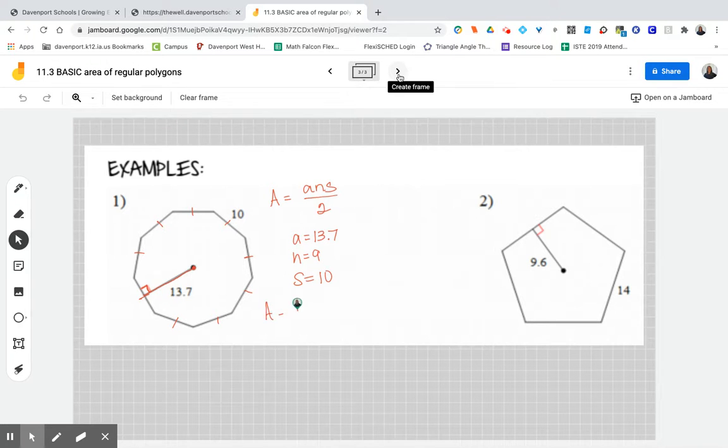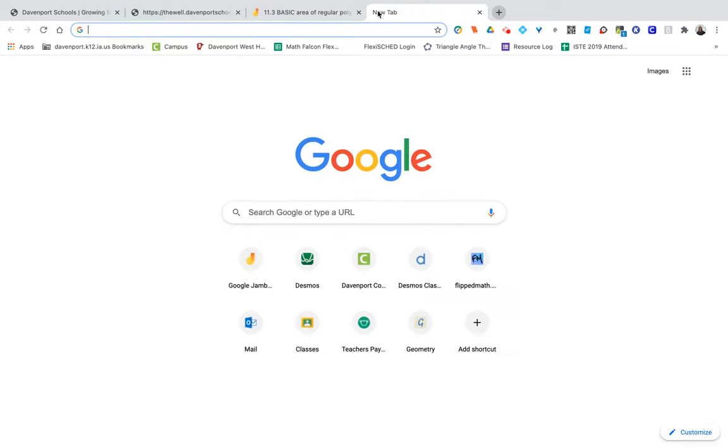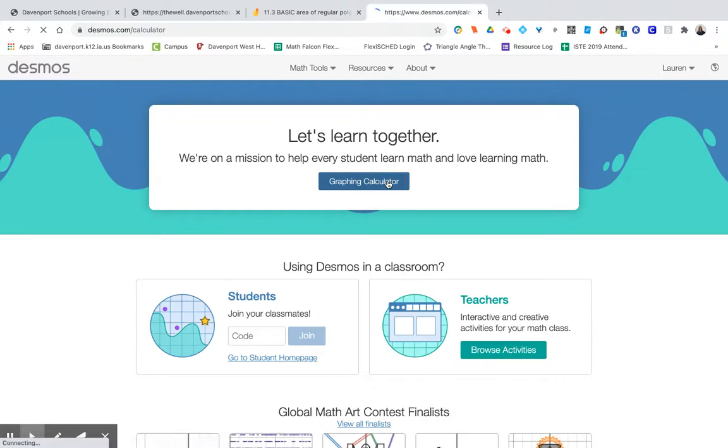So we're going to take 13.7 times 9 times 10, and divide that by 2. I'm going to go into Desmos and type this in because I'm on my personal computer. So I'm just going to multiply all this out.